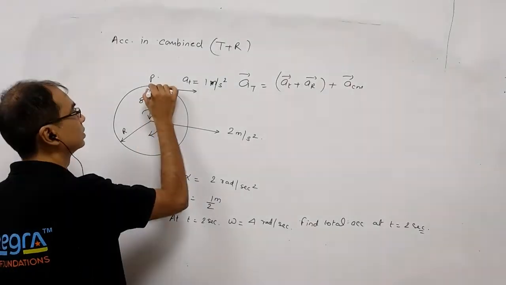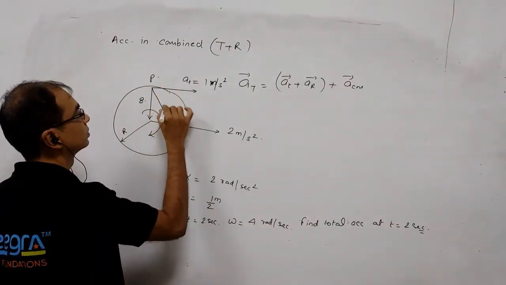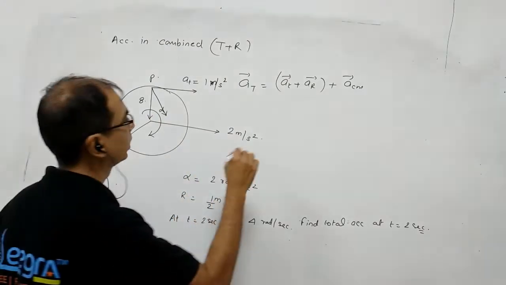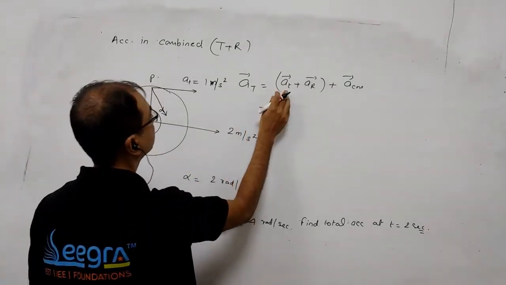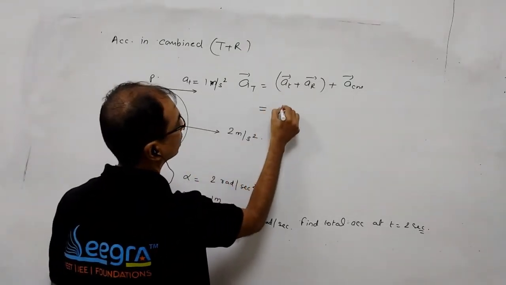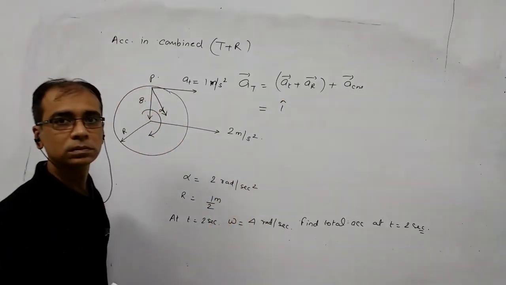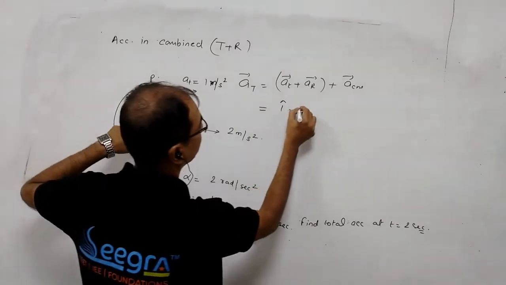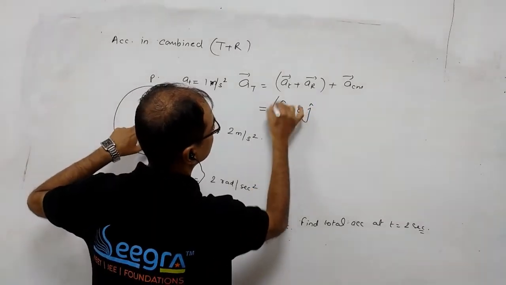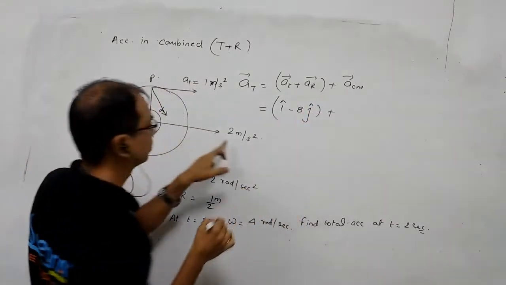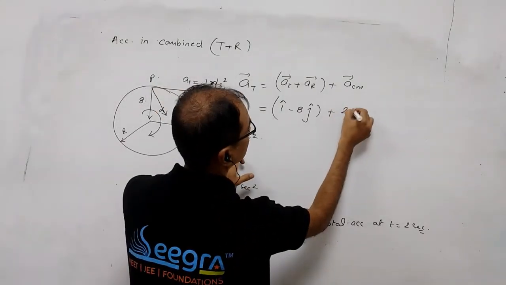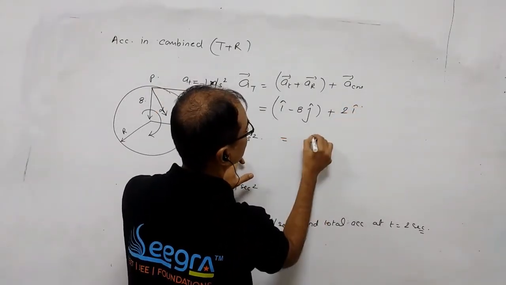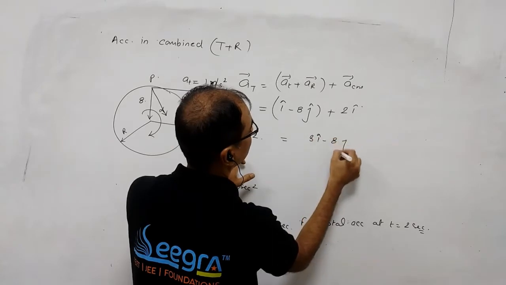So I am going to write AT as i cap, omega square r as minus 8j cap, plus ACM 2i cap. So basically the acceleration is 3i cap minus 8j cap.